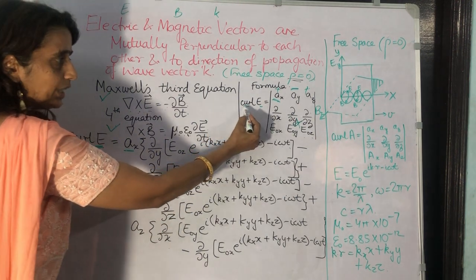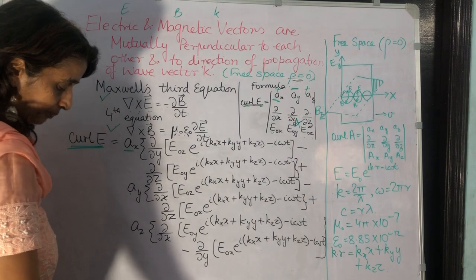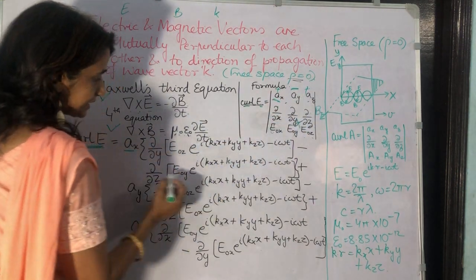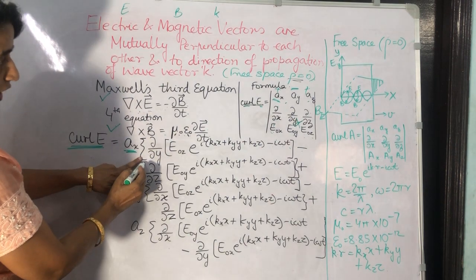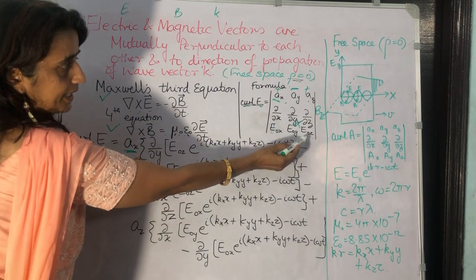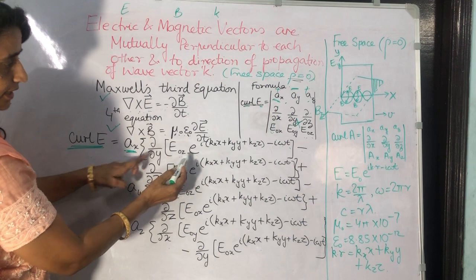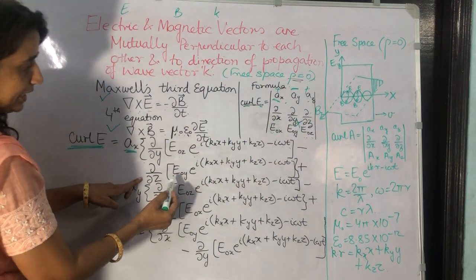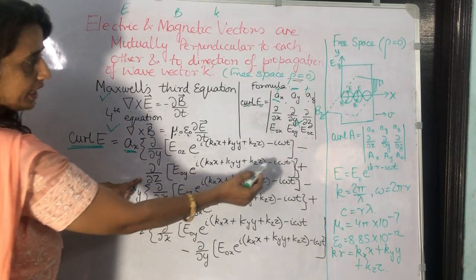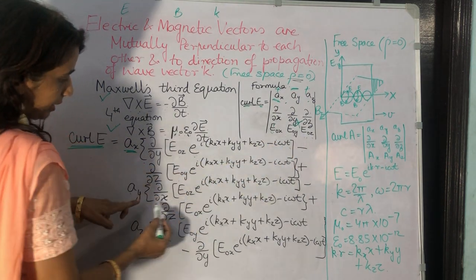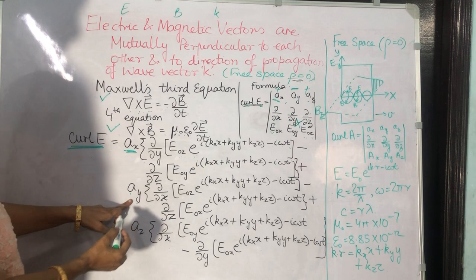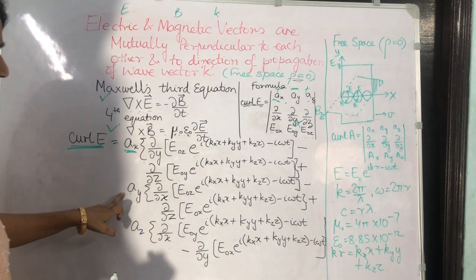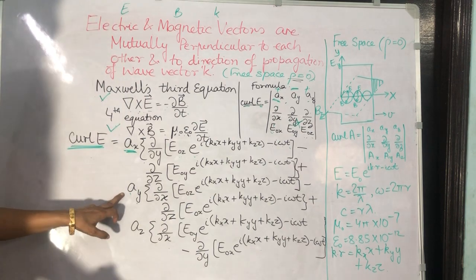Curl E will be given by the solution of this matrix. So ax into del by del y of E naught z, that is this, minus del by del z of E naught y, minus this much, plus ay into this much.